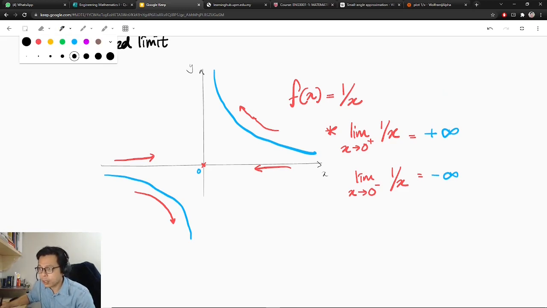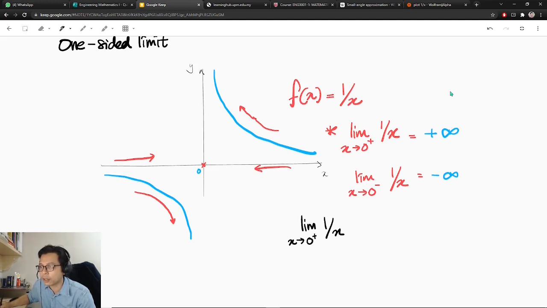What I want to show you here is that the limit of 1 over x as x approaches 0 from the right-hand side is not the same as the limit of that same function when x approaches 0 from the left-hand side. One is plus infinity, the other is minus infinity.